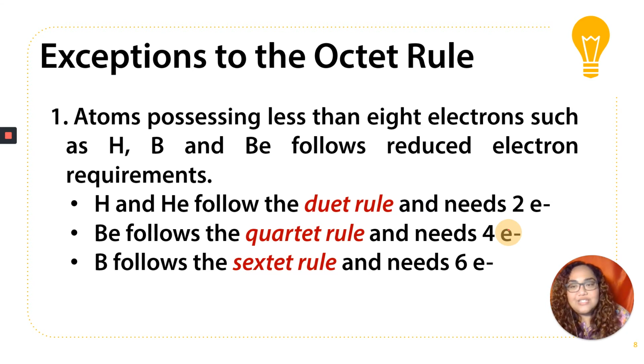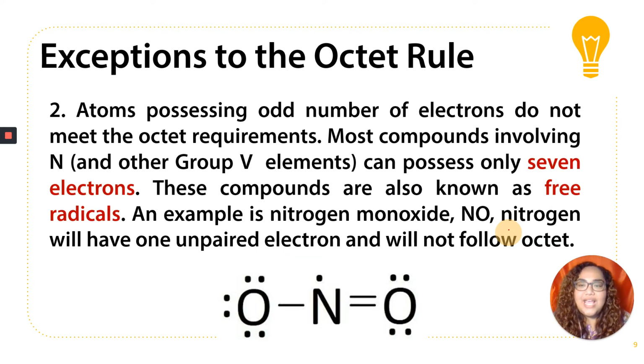So that's first. Second, atoms possessing an odd number of electrons do not need to meet the octet requirements. Most compounds involving nitrogen and other group 5 elements can possess only 7 electrons. These compounds are also known as free radicals. So this is an example of a free radical. This is NO2.